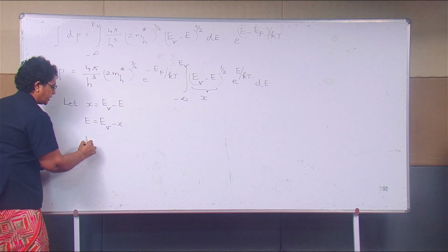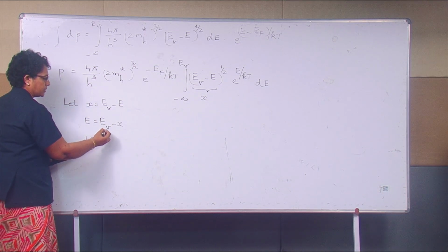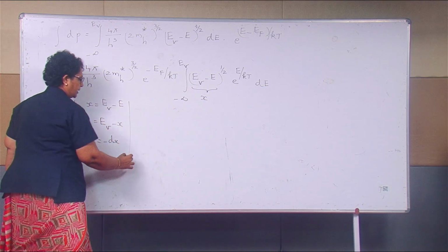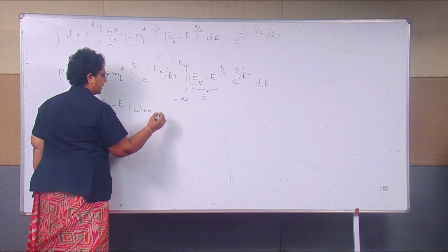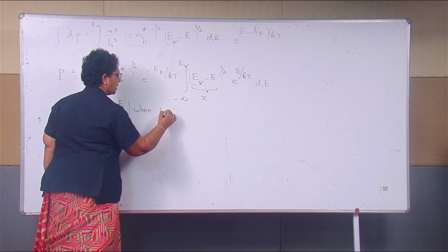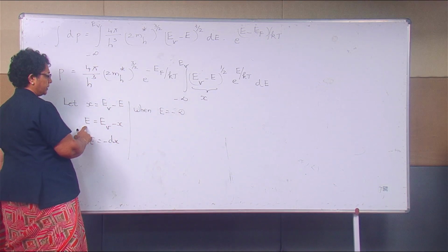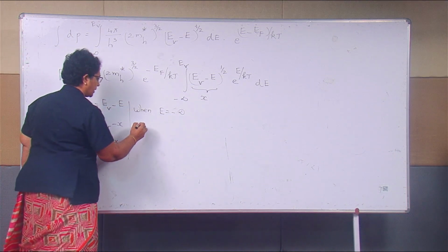Now by differentiating, EV becomes 0 and this becomes minus dx. Similarly, when you substitute the integral limits, when the energy level is minus infinity, what can be the x?